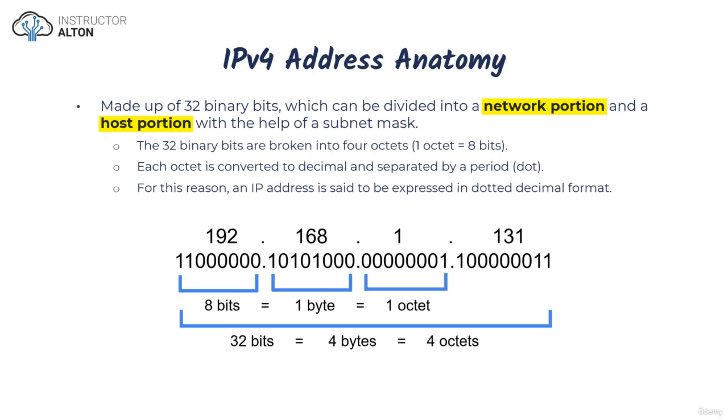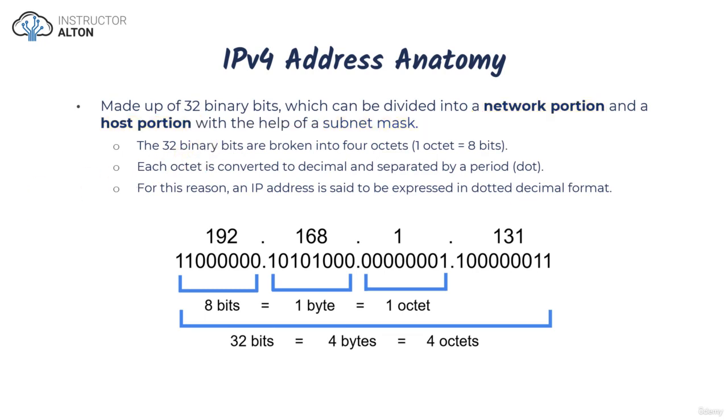And to determine this, we use something called a subnet mask. So the IP address combined with the subnet mask will tell us what portion is the network portion and what portion is the host portion. And you'll understand all this as we progress through the numerous lectures on IP version 4 addressing in the following sections.